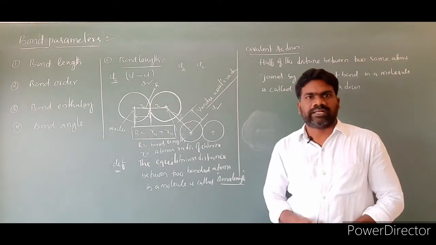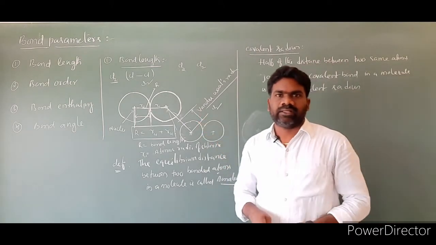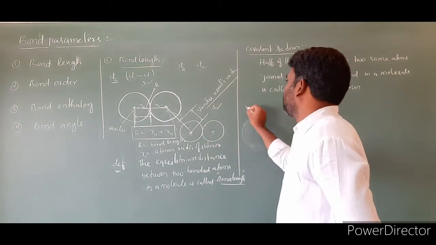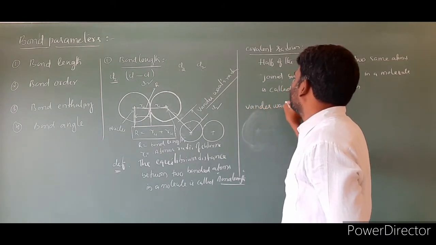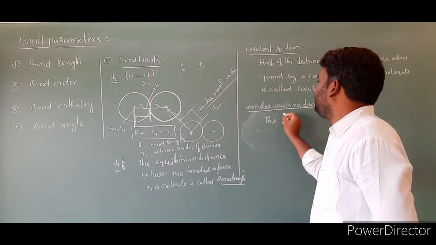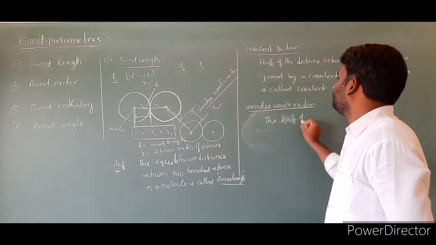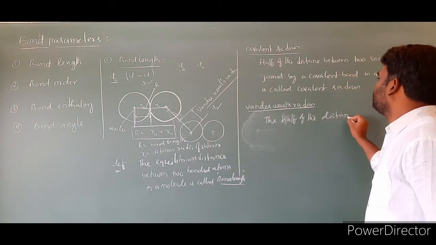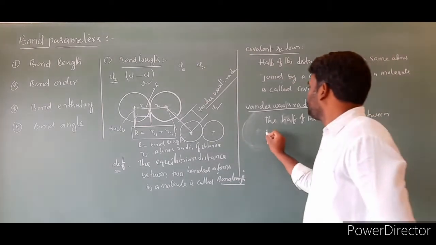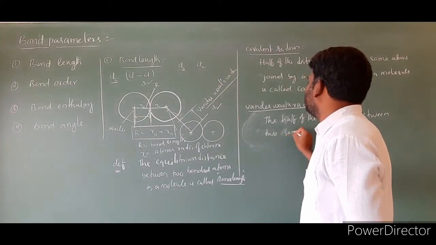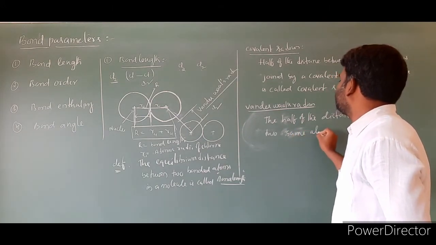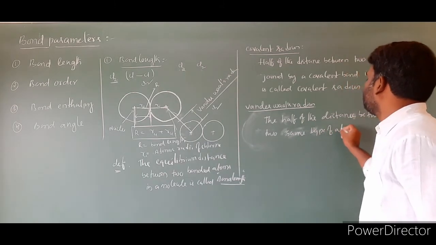The van der Waals radius is defined as half of the distance between two same atoms, similar atoms, the same type of atoms, in separate molecules.